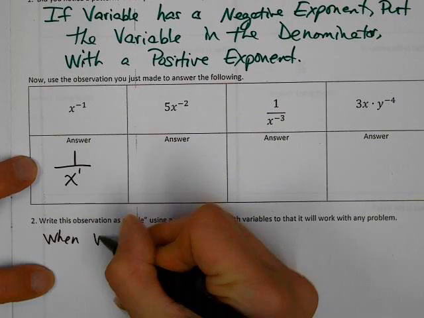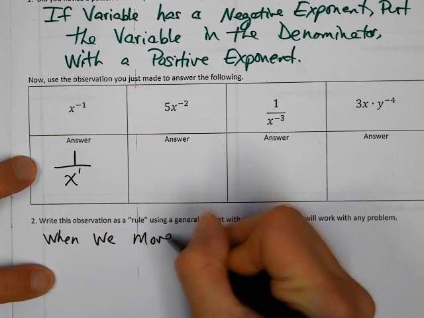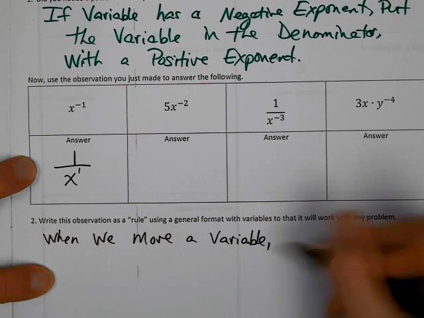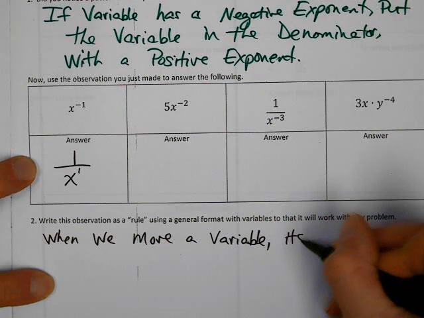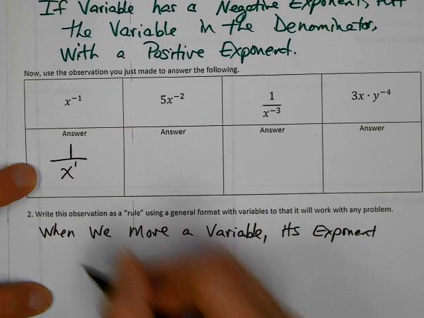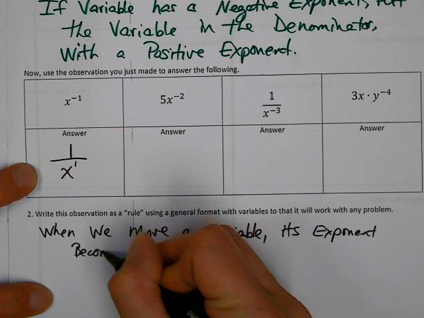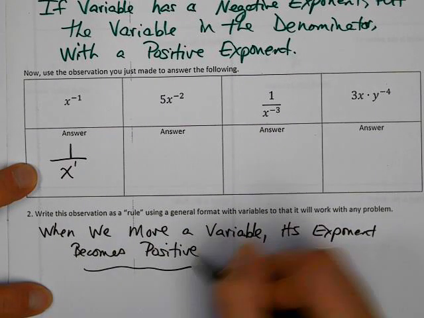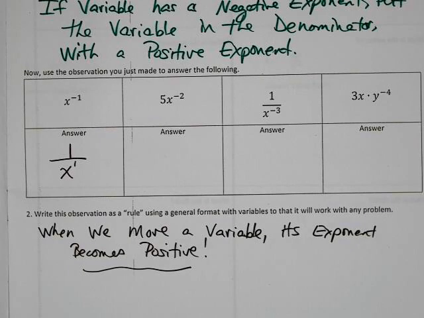When we move a variable, its exponent becomes positive. Very important. We're going to move it, and then the exponent becomes positive.